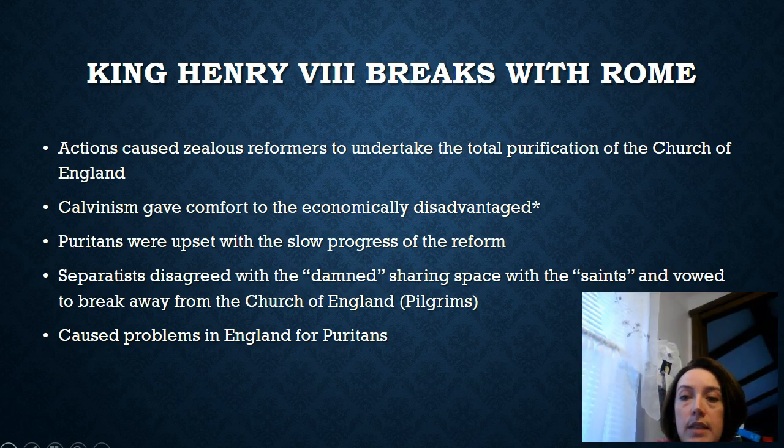And Catherine says that truly she wasn't married to Arthur, and Henry apparently loves her in the beginning, and they're going to make this work. While we know the story that she gets pregnant several times, is only able to give birth successfully to one child, Mary. So there's a problem there, that we need this male to continue the line.